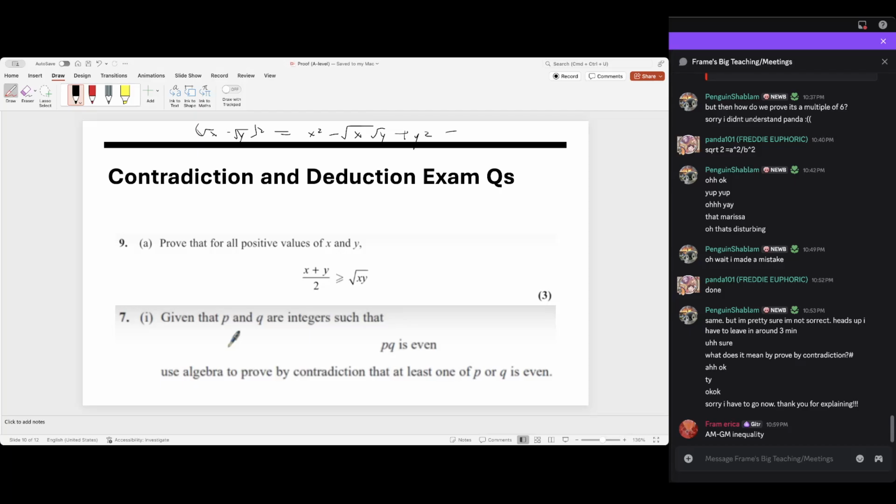Wouldn't that be negative 2 square root xy? Yeah, I missed that, obviously. Oh my god. Now, yeah, this kind of stuff happens.